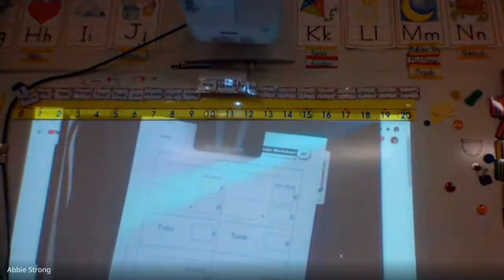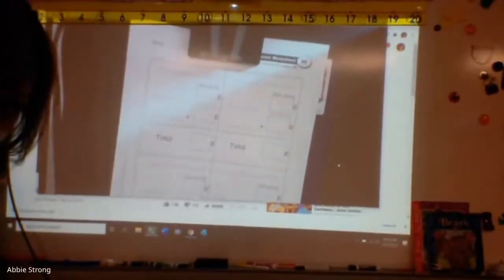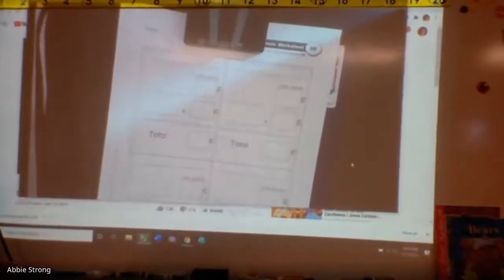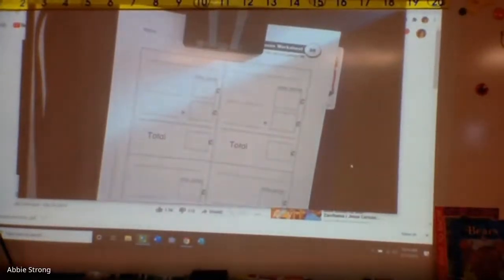Okay? I'm going to grab my marker here. What sound do you hear at the beginning of the word fish? We have talked about this. We have been talking about this letter before. What letter says like fish and Fritz and frog? Leah.